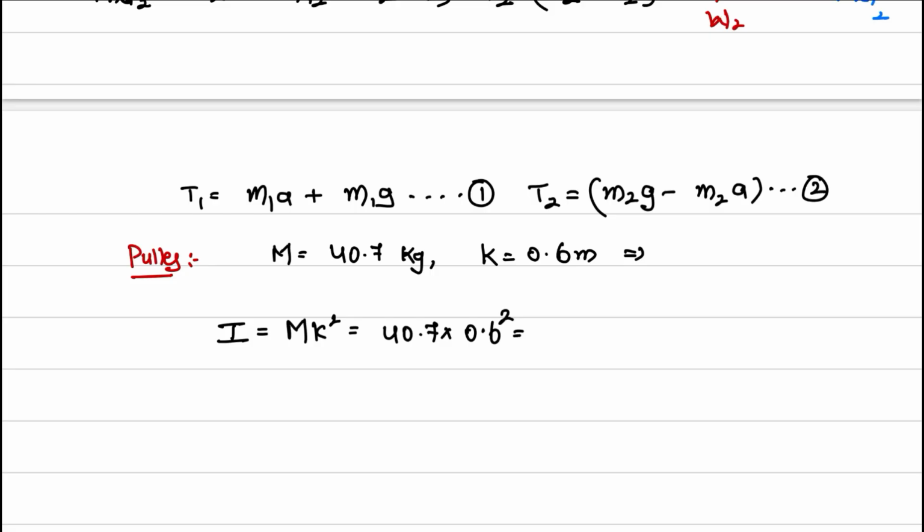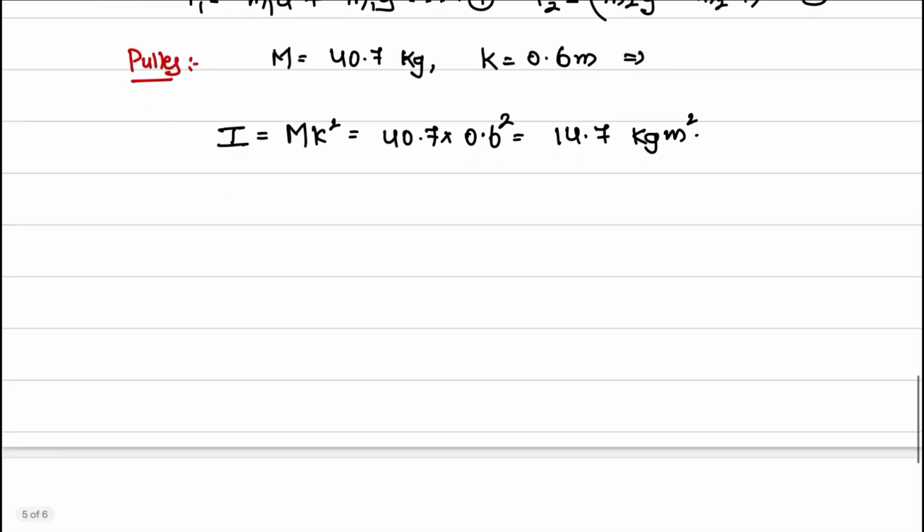That will be around 14.7. We will make it up to 1 digit. Don't make it 2 digits and 3 digits. It will be very long. This is kg meter square.